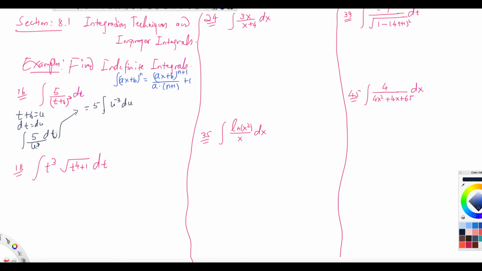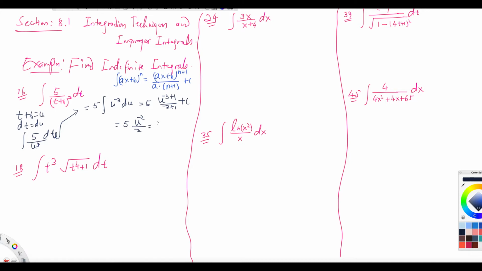By the way, this is du because dt is replaced by du. So what do you get? The integral is 5 times u to the negative 3 plus 1 over negative 3 plus 1, plus c. That implies 5 u to the negative 2 over negative 2.